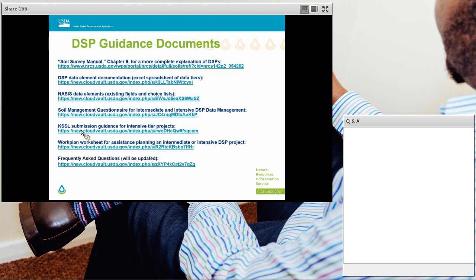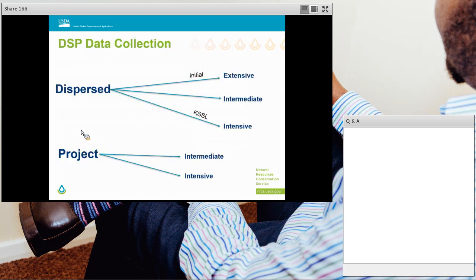And Chad is going to go through the work plan worksheet, which is one of these guidance documents, which is really at the heart of planning and executing a DSP project. So just to kind of line these all up, I think I've said everything that's on this slide already. We have dispersed and project versions of DSP data collection, and then we have these levels of different properties we collect: extensive, intermediate, and intensive.